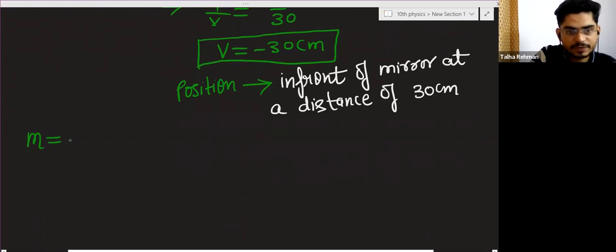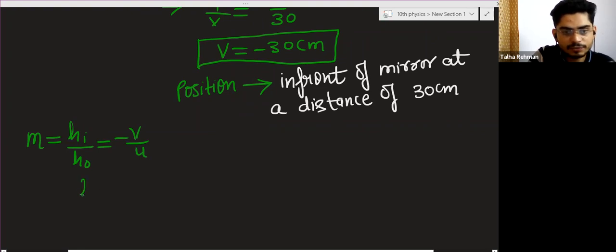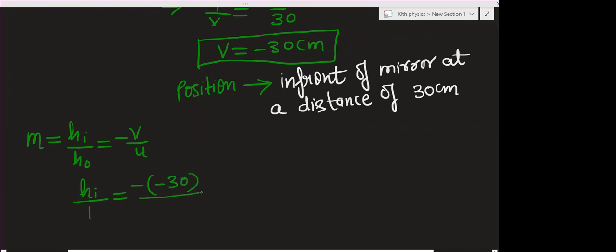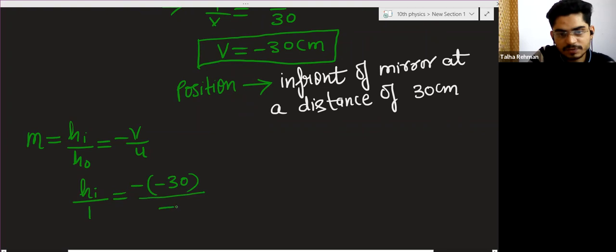Magnification is equal to height of image by height of object, which is equal to minus v by u. We do not have the height of image. We have height of object 1 centimeter. This is minus and v is minus 30, so 30 by 1. What is u? u is minus 15.